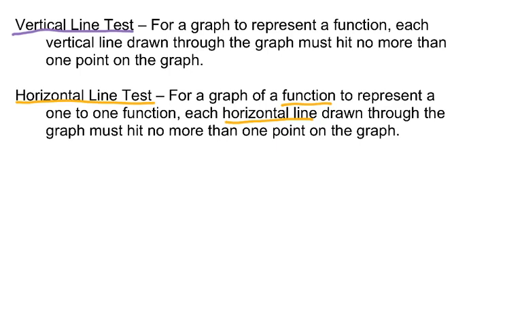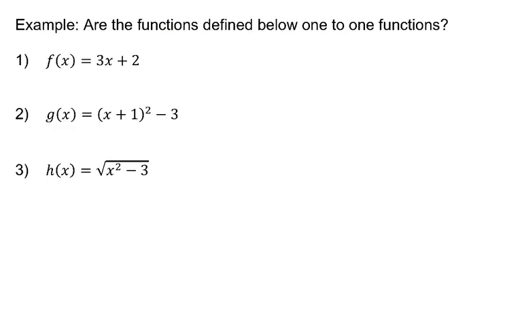Now, as you will remember, the most common way that you're going to see a function represented is by an equation. Are the functions defined below 1-to-1 functions? Now, the good news is we've already done a lot of graphing, and so I think we can answer these questions often very easily by just thinking about what the graph would look like.